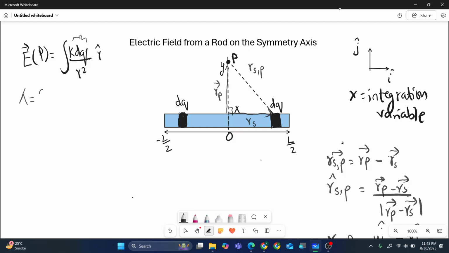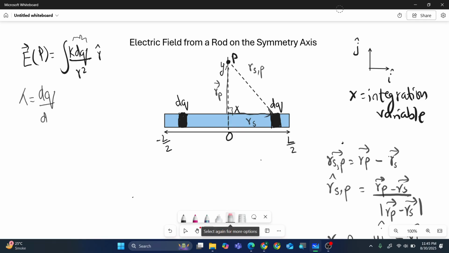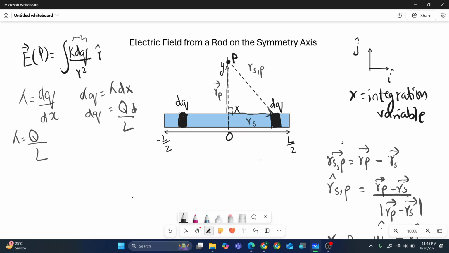So lambda is equal to dq over dl, or since I am talking about dx here, dq over dx. So that means that dq is equal to lambda into dx. So I can replace this dq by lambda dx, and lambda is equal to q over l, which is the total charge divided by the total length. So I can also substitute this here, and my dq will now become q over l into dx.